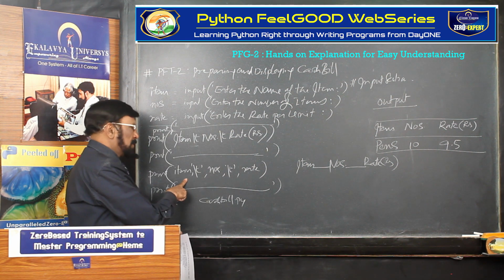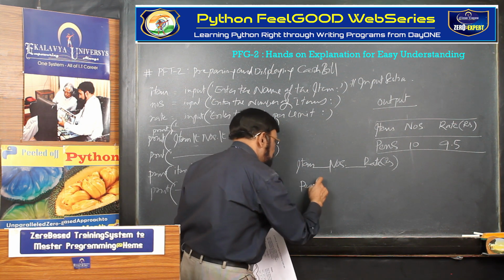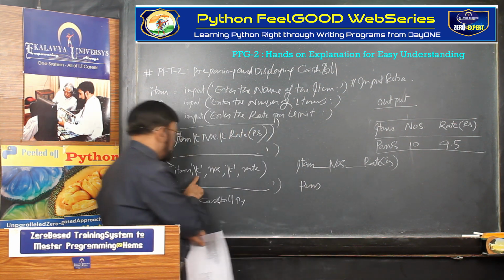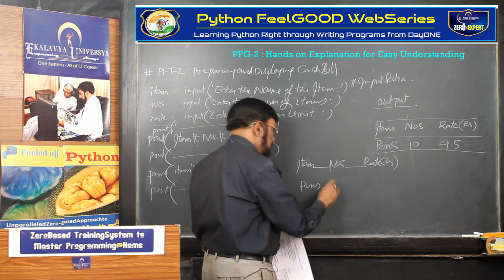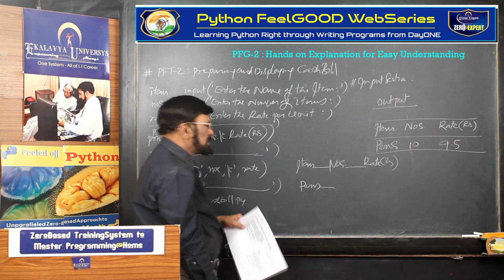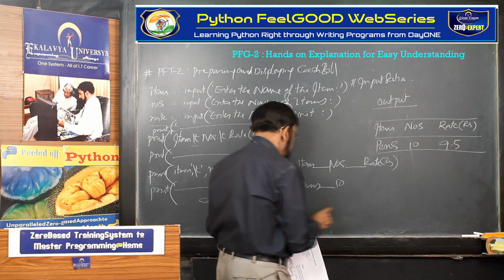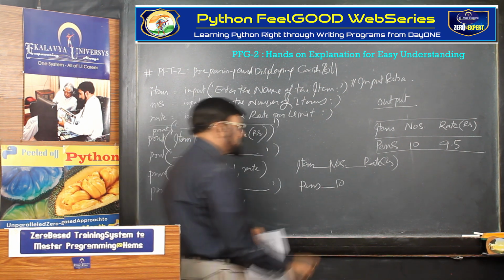Now as far as items are concerned, what are the items? Pens. So pens are written. Thereafter, horizontal tab is there. It moves the cursor to the next tab position. So automatically those are aligned. Then, how many numbers? 10. Again, horizontal tab is there. This is backslash. That point I have to understand.